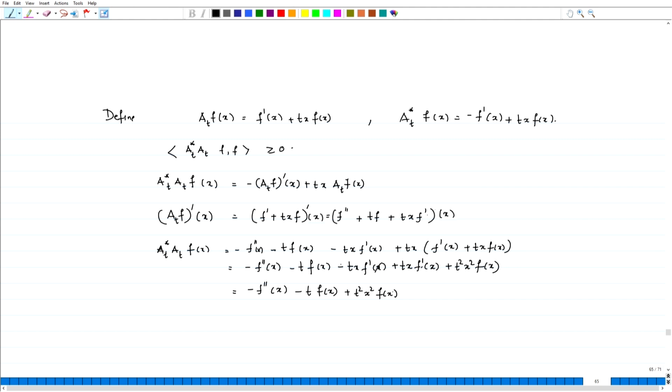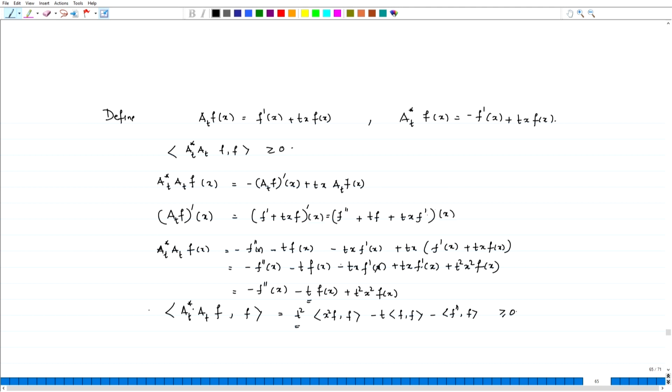Now, this is a quadratic equation in t. If I look at A t star A t f inner product of f, we know that this is greater or equal to 0. So, this is t square x square f inner product of f, minus t f inner product of f, minus f double prime and f, which is greater or equal to 0.